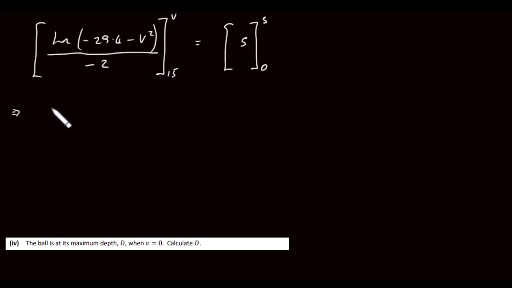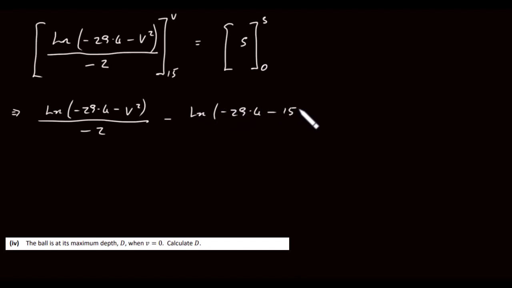So we're going to get log minus 29.4 minus v squared all over minus 2 minus log minus 29.4 minus 15 squared all over minus 2. And then on the right hand side it's just going to be s minus 0. You put in the s, you put in the 0.